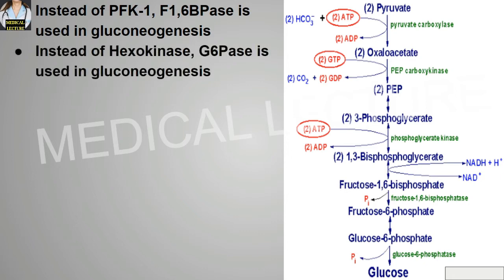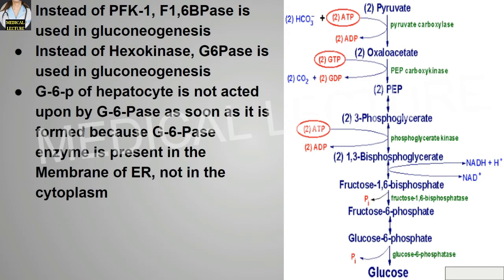Instead of hexokinase, glucose 6-phosphatase is used in gluconeogenesis. Glucose 6-phosphate of the hepatocyte is not acted upon by glucose 6-phosphatase as soon as it is formed, because the glucose 6-phosphatase enzyme is present in the membrane of the endoplasmic reticulum, not in the cytoplasm.